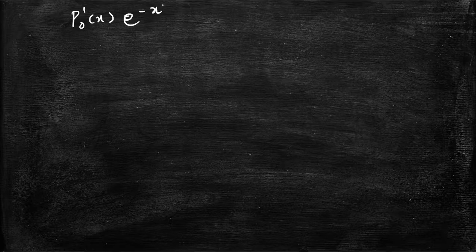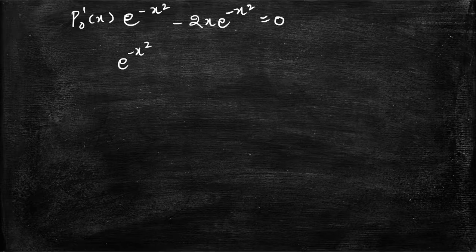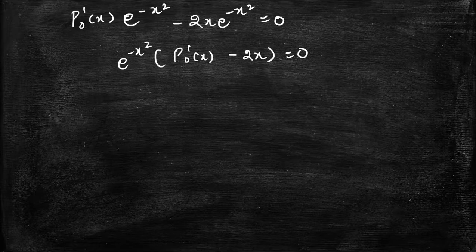Then I have to find the value of x, right? We know that P0 of x is equal to 1, then P prime will be 0.